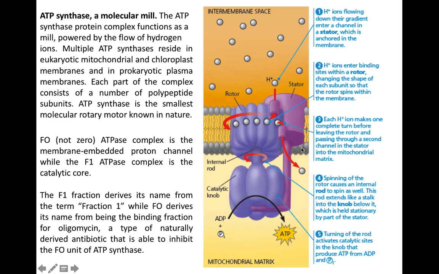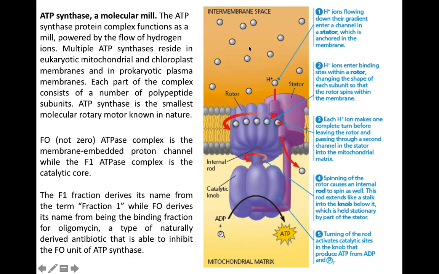One is the FO complex. This is a membrane bound or membrane embedded proton channel, and the F1 ATPase complex consists of the catalytic core. So that's the catalytic portion of the enzyme, and this is the membrane bound portion. The membrane bound portion also contains these channels for the movement of protons.